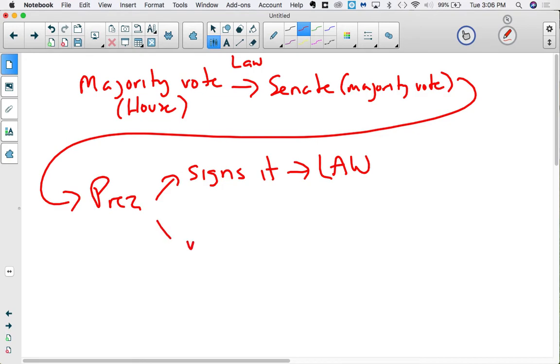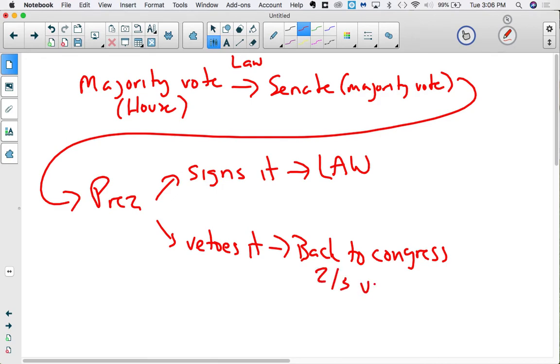If the president vetoes it, it goes back to Congress. If they do a 2/3 vote, that's the override, and it becomes a law. If they do not get that 2/3, the bill is dead. No law. You could try to repropose it.